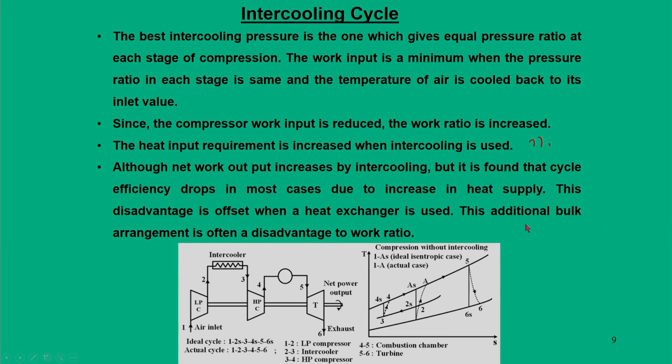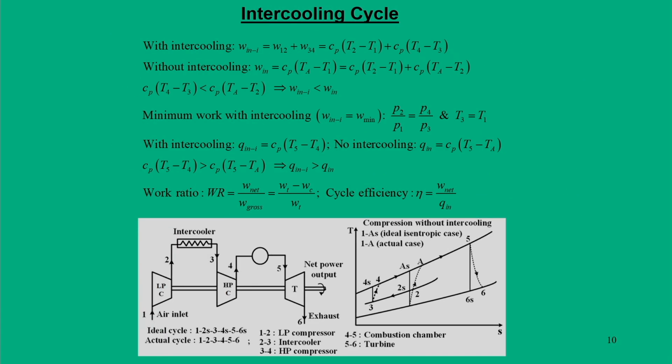And of course, many times the intercooling arrangement becomes bulky, and it becomes a disadvantage in terms of work ratio. So, these are some drawbacks, but intercooling is one of the options to reduce the compressor work.